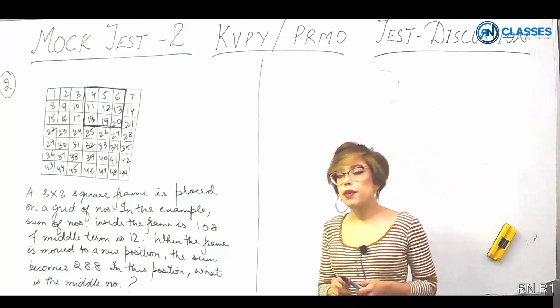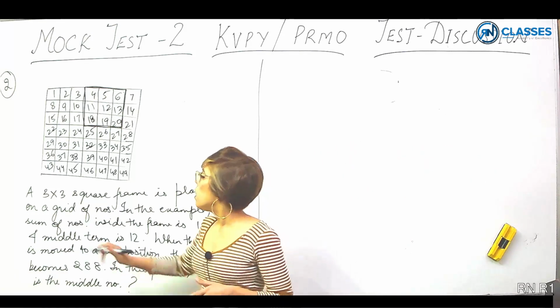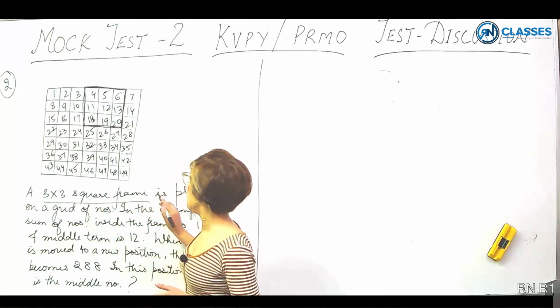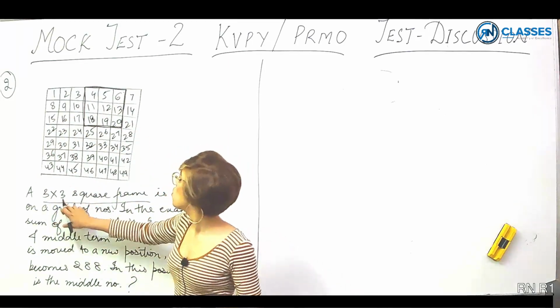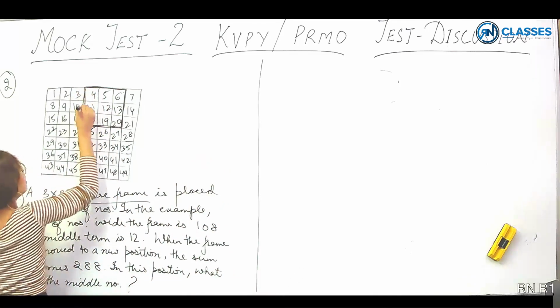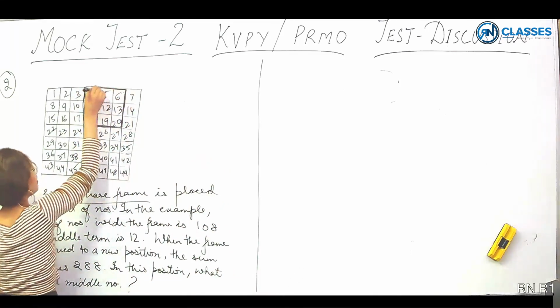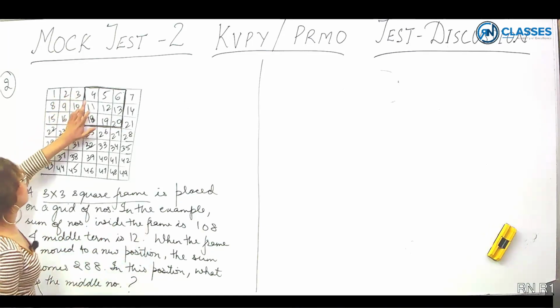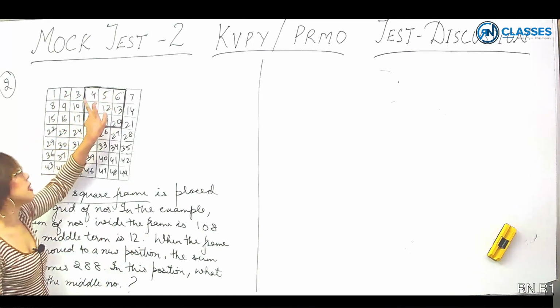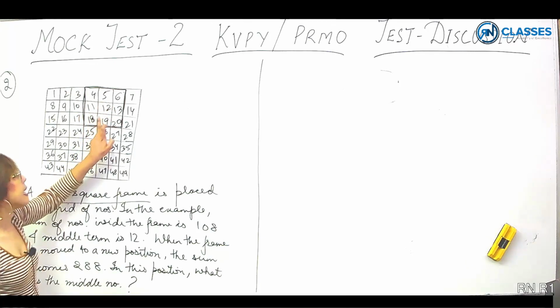Alright, let's move on to the next question. He says, a 3 into 3 square frame is placed on a grid of numbers. You can see the grid of numbers and the 3 into 3 square frame. In the example, the sum of numbers inside the frame, right? So as you can see, I have 4, 5, 6, 11, 12, 13, 18, 19, 20.